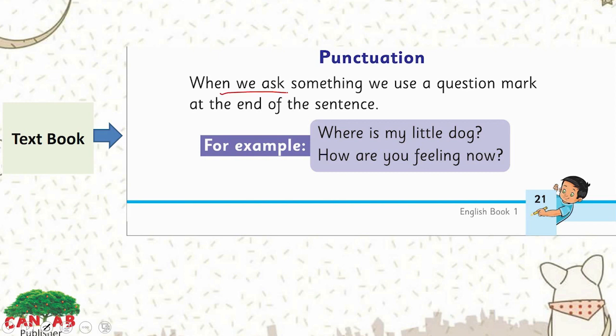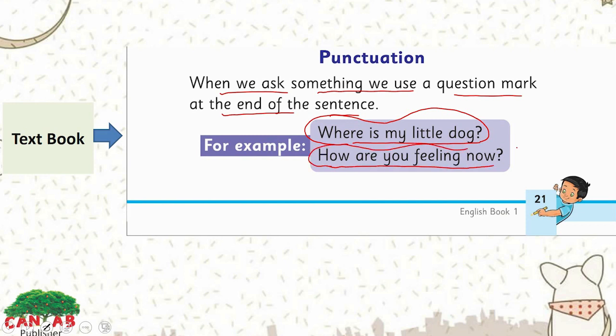When we ask something, we use a question mark at the end of the sentence. For example, where is my little dog? As you can see, this sentence is in question form. Someone is inquiring about their little dog. How are you feeling now?